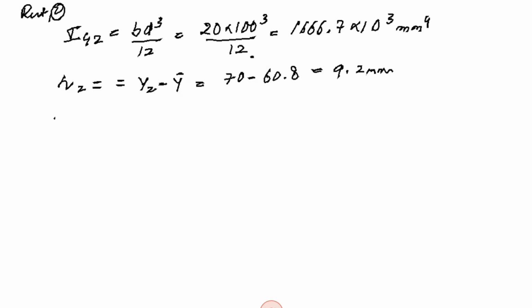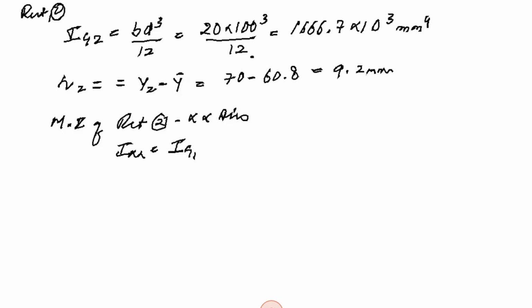Therefore, your moment of inertia of rectangle 2 about the x-axis is Ig2 plus A2 h2 square.